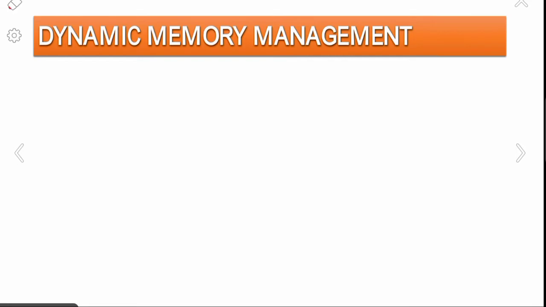So now let us see a real life situation related to dynamic memory management. Consider a program for processing the list of customers for a company. Let us relate dynamic memory management with this real life example.